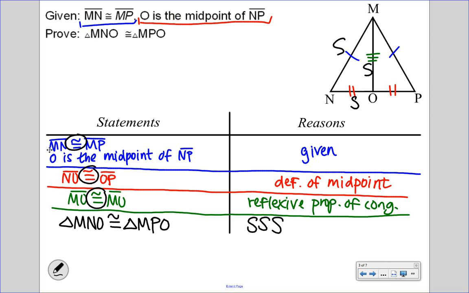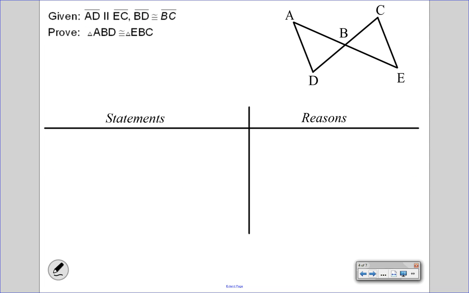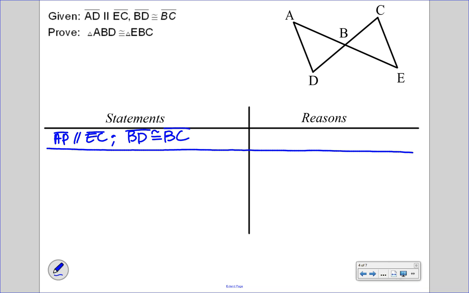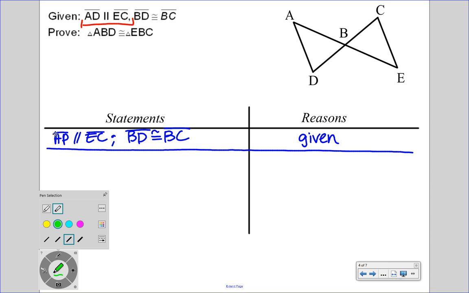Let's look at another one. We always write our given down first. So AD is parallel to EC, and BD is congruent to BC, and that's given. Whenever you have parallel lines, like AD is parallel to EC, I like you to highlight them.